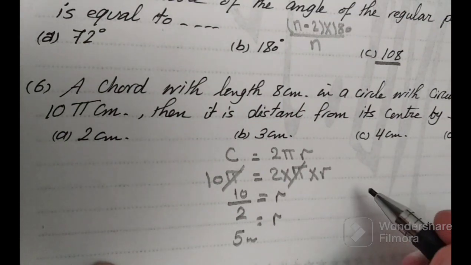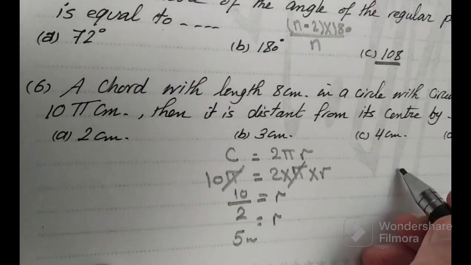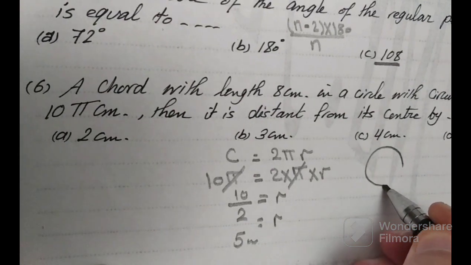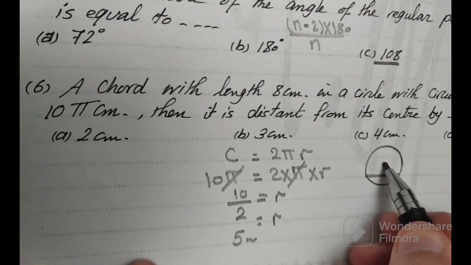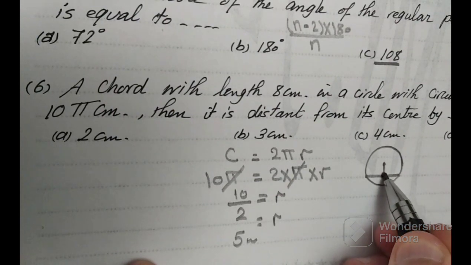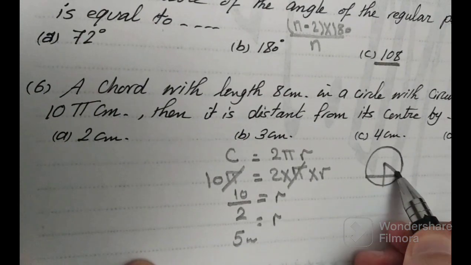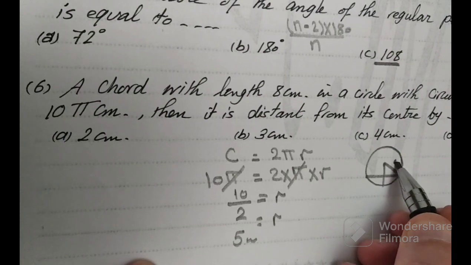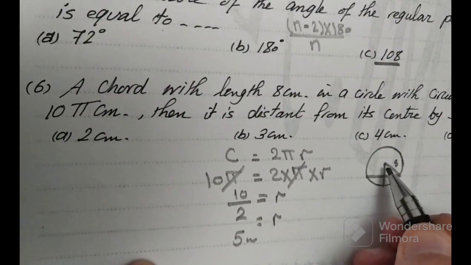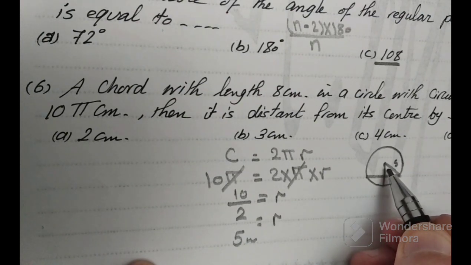To find the distance between the chord and the center, to explain this, we will draw a circle like this and join these 2 points. This is a radius, which is 5 centimeters. To find the distance between the center and the chord, we draw the perpendicular.